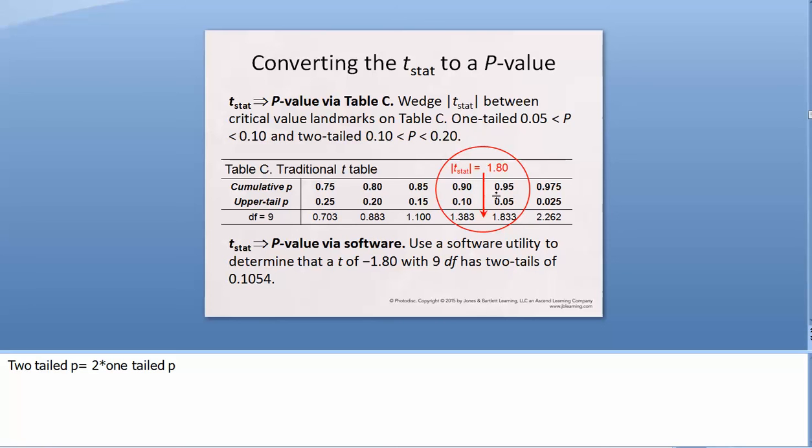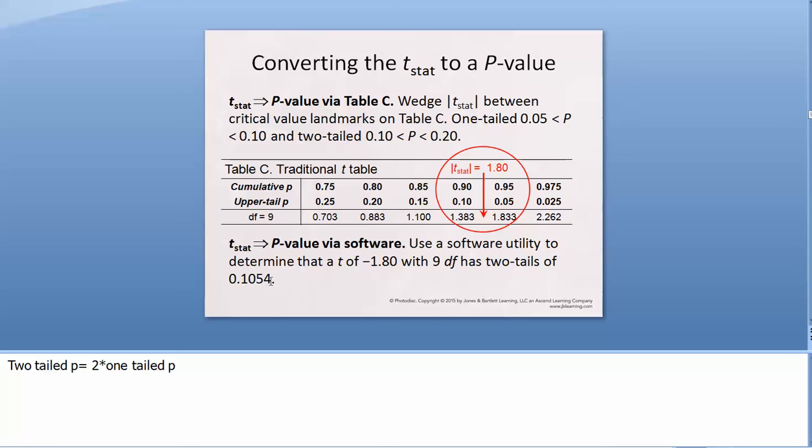So that means the tail probability will be something between 0.1 and 0.05. Okay, so you need to make an approximation and then figure out what it is. Now that is if you are to look up the tables, or you can use software and straight away figure it out, and the software will give that p is 0.1054.